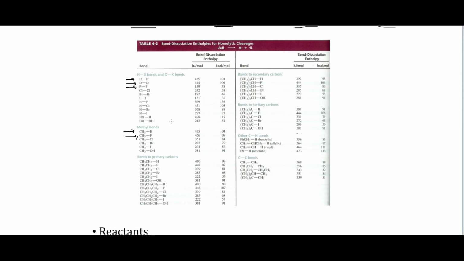One thing you can notice is that the bond dissociation energy of hydrogen to fluorine is higher than to chlorine, which is higher than to bromine, which is higher than to iodine.